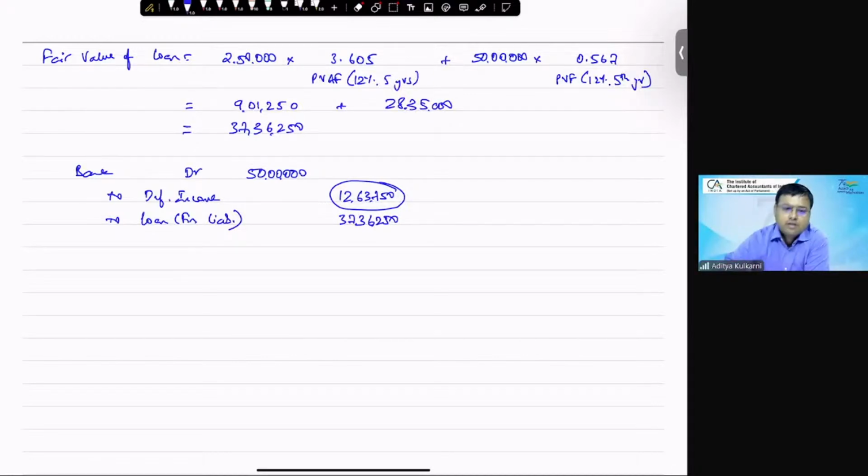Okay, fine. So now the question is, this loan, which is a financial liability, will be calculated using amortization principles, which is specified in Ind AS 109. So this goes under Ind AS 109. What does Ind AS 109 tell us?